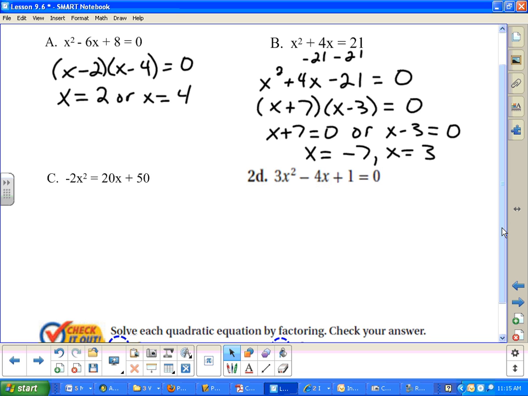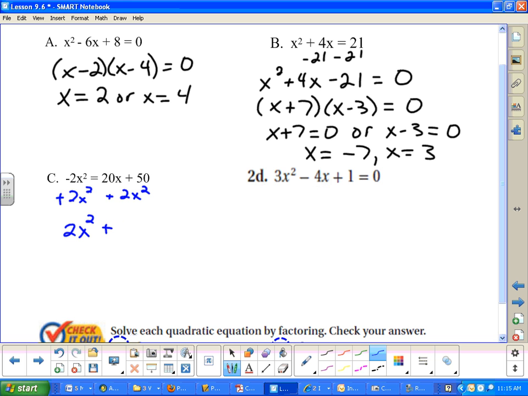But since it's negative, I'm going to move that to the other side and have my 0 be there. So we're going to add 2x squared to both sides. So we get 2x squared plus 20x plus 50 equals 0.